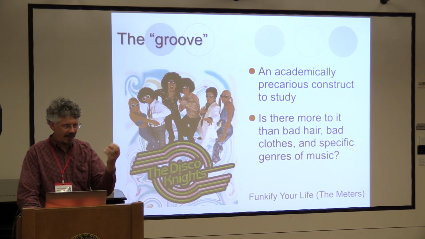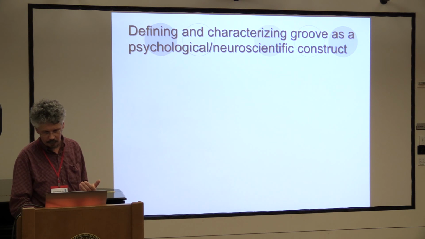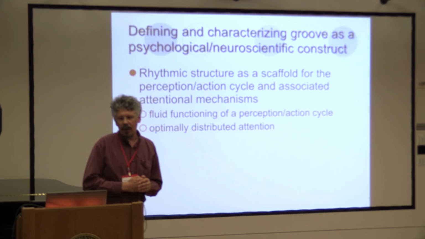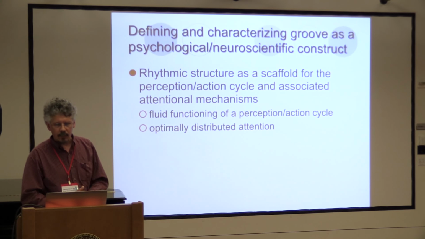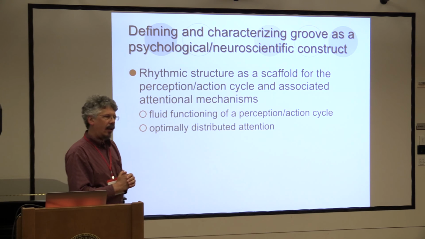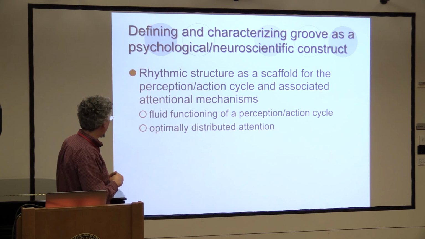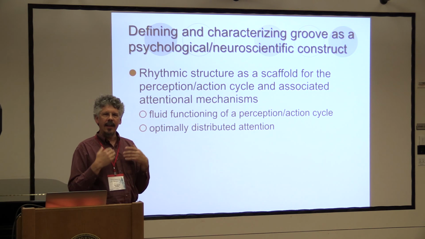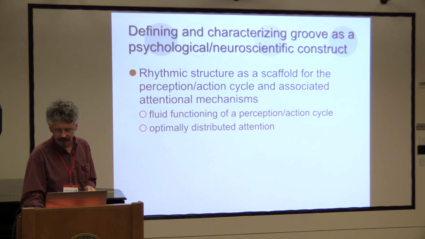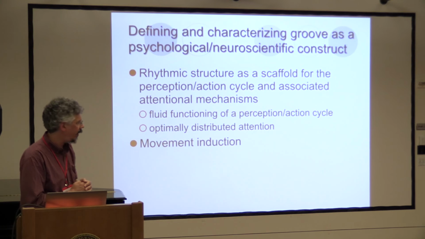And so let's delve into the psychological and neuroscientific construct of groove. So the thinking here is that we have a rhythmic scaffold for the perception-action cycle to operate on, as well as the associated mechanisms for shifting our attention around. The idea is that being in the groove reflects fluid functioning of the perception-action cycle, or perhaps optimally distributed attention across the musical scene.